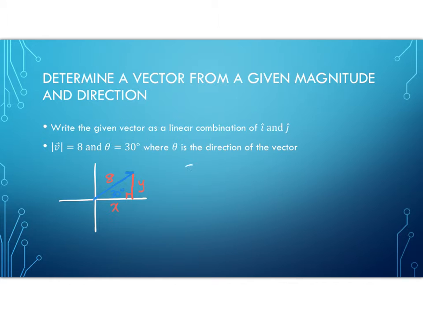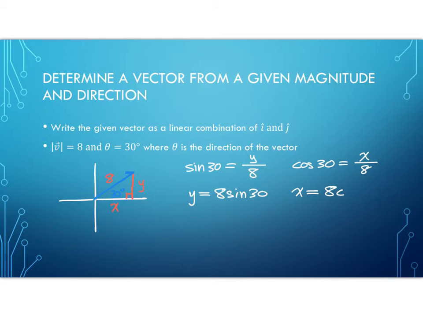We could use the idea that sine 30 is y over 8. So the y part is going to be 8 sine 30. Likewise, we could say cosine 30 is x over 8. So we're going to be able to say x is 8 cosine 30.